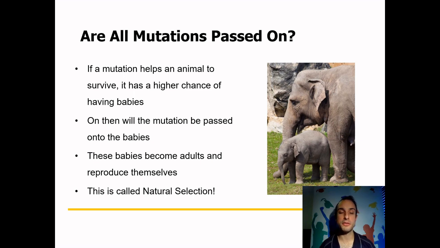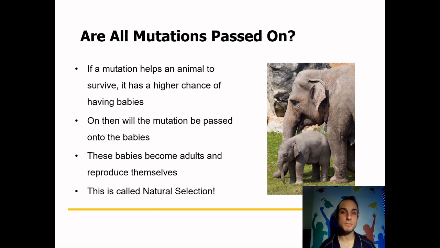So for example, if you think about our cheetah, if a cheetah evolved and had a mutation that actually gave it shorter back legs, for example, so there was a cheetah that was born, it had a mutation, its legs were a little bit shorter, that cheetah would be unlikely to survive in its environment, which meant it was unlikely or unable to have its own offspring or have its own babies, which means it couldn't pass on that mutation.